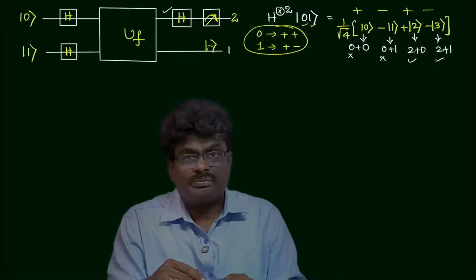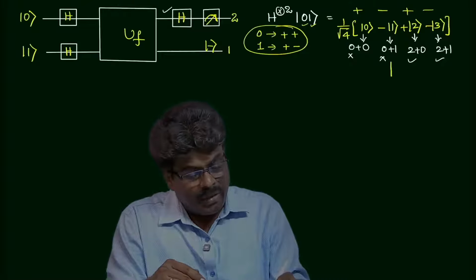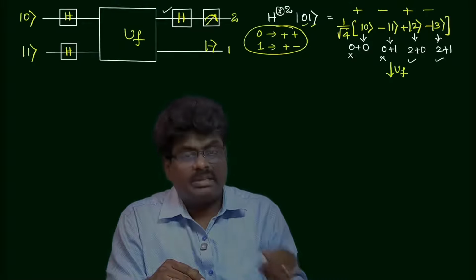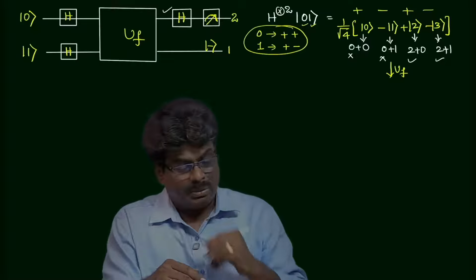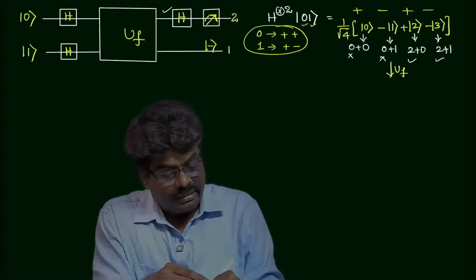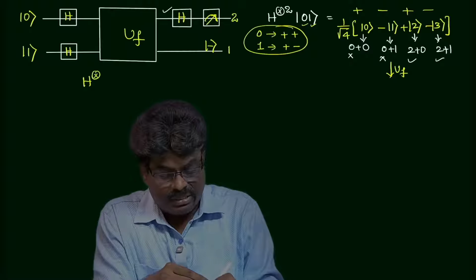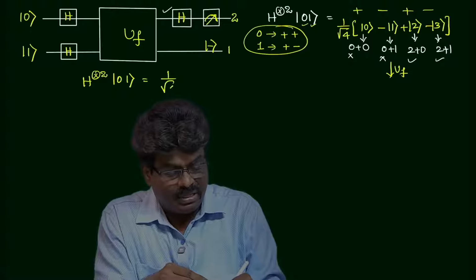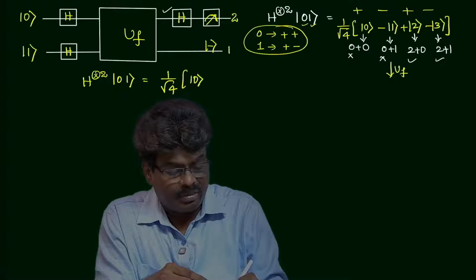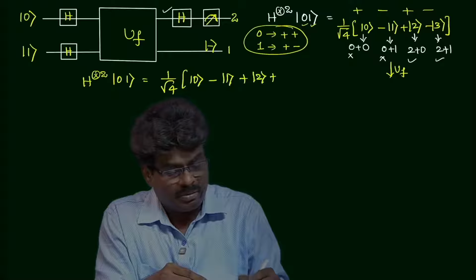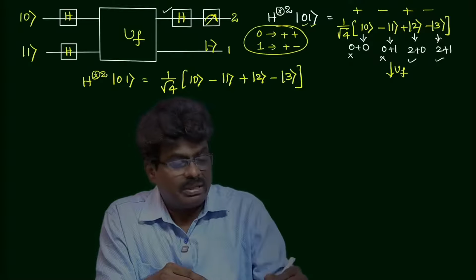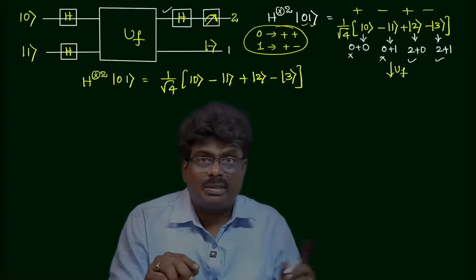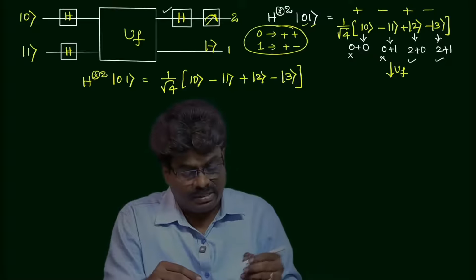So once you have applied this UF operator, let me write here, this is H tensor 2 0 1, one more time I'm just taking this. First listen this, and then one more method I will explain, that is also a very interesting one.